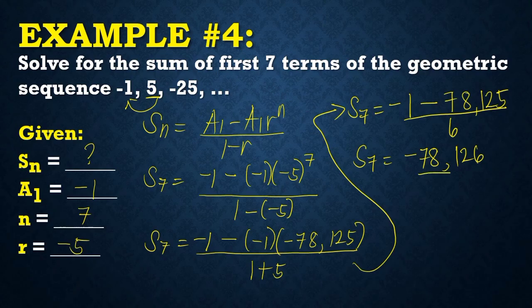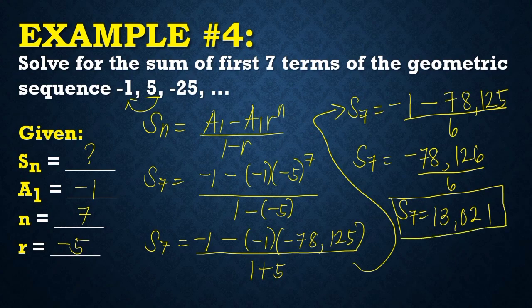And then divided by 6. So S sub 7 is equal to negative 78,126 divided by 6. So our final answer will be negative 13,021. So kasi, kaya negative, mapapansin nyo yung mga terms ng ating given sequence ay positive, ay negative, tas positive, and then negative na naman.